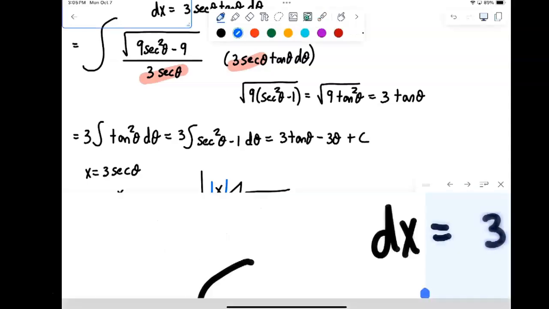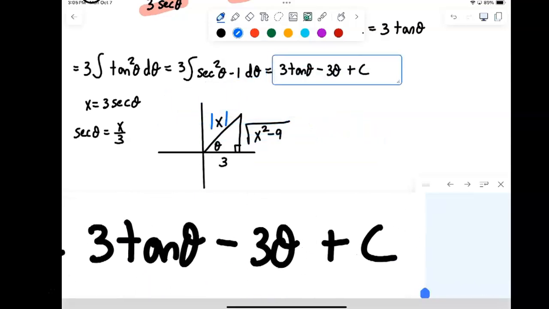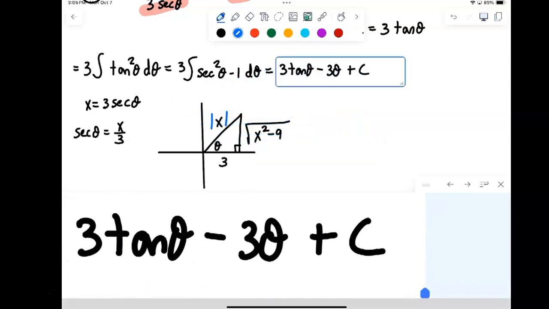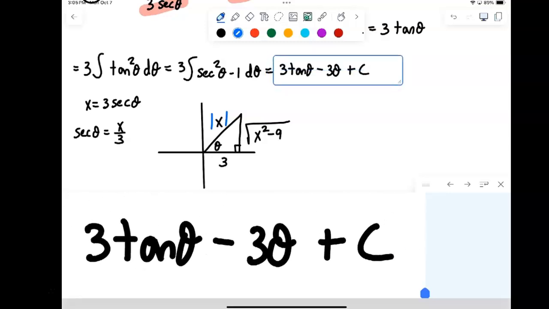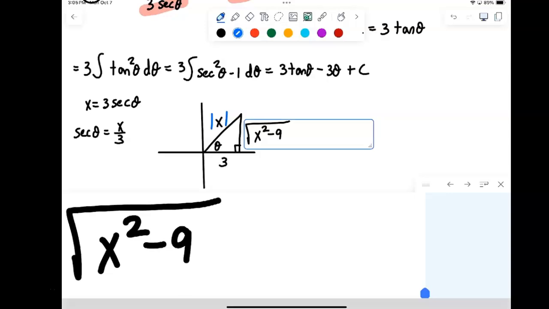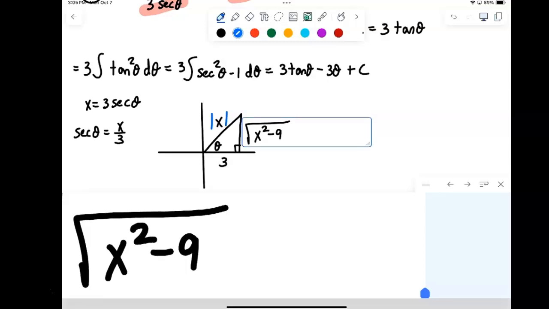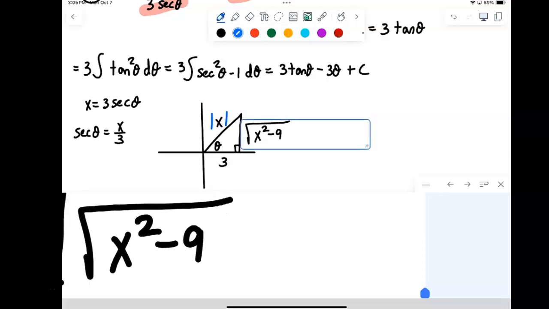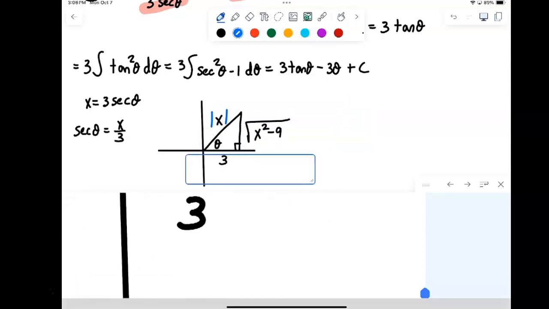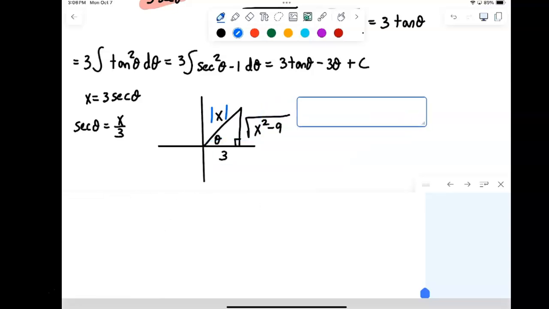I don't think it's going to matter here, though, as we deal with 3 tangent theta. Tangent theta is opposite, that would be this square root, over the adjacent, which is 3. Since I'm squaring the x, it doesn't really matter whether it's absolute value or not. So that's kind of nice.